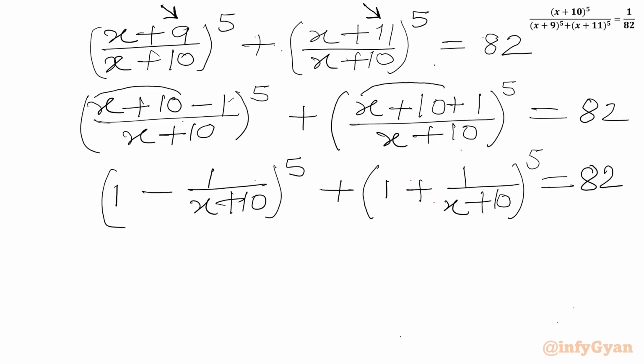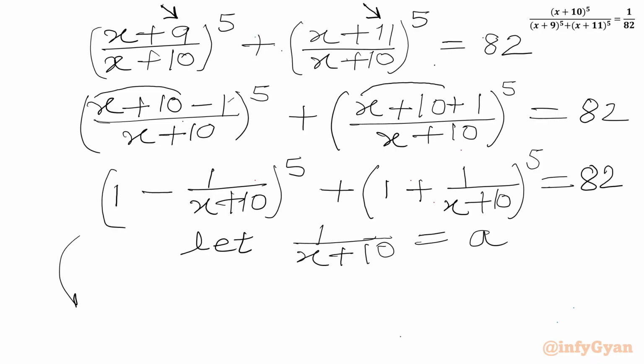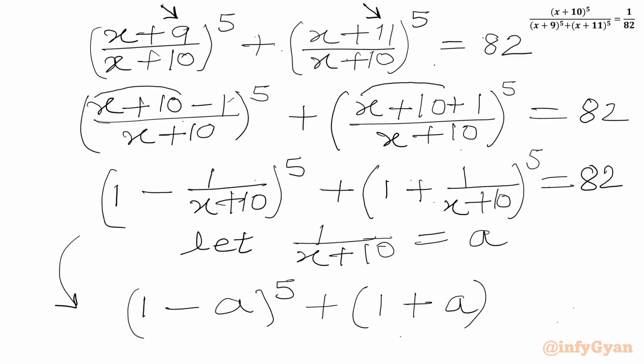Now we can consider our substitution: 1 over (x+10) equal to, suppose, a. So I will get the equation (1-a)^5 + (1+a)^5 equal to 82.